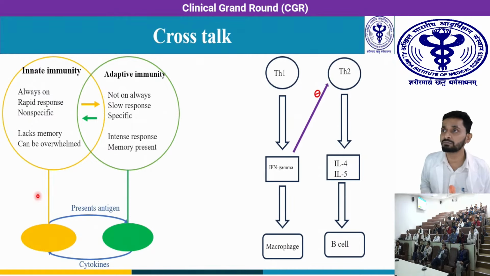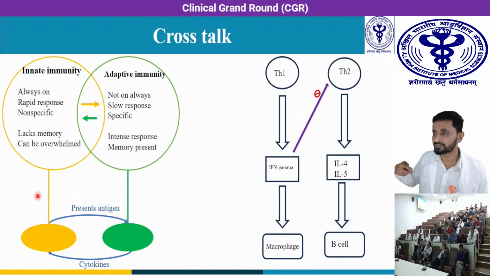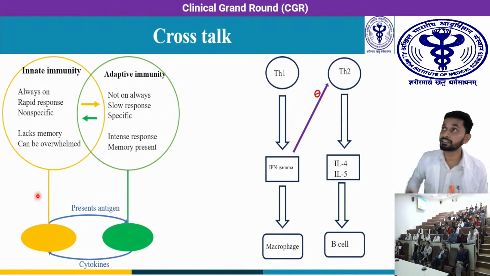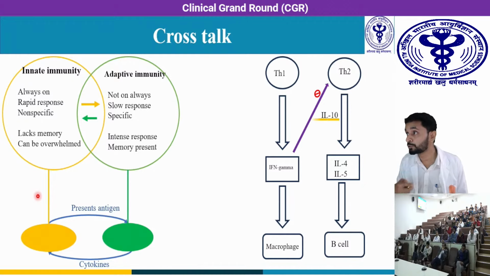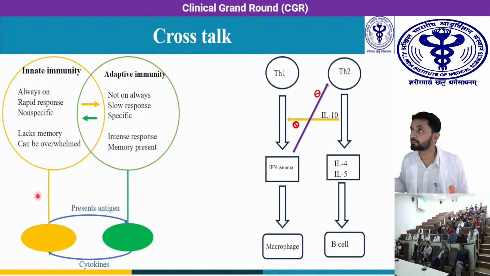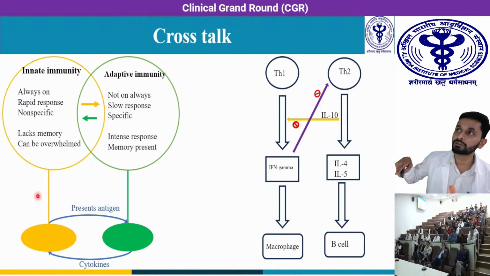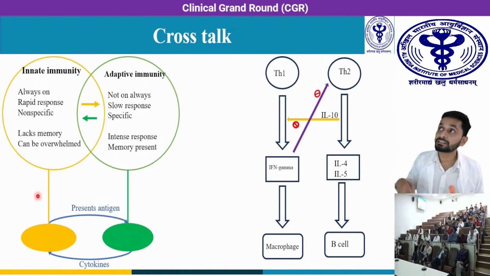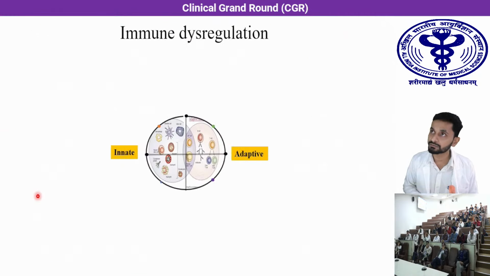When Th1 is stimulated, interferon gamma is stimulated, which leads to macrophage stimulation, but it also indirectly inhibits Th2 proliferation. When Th2 is stimulated, it stimulates B cells through interleukin 4 and 5, but it also inhibits Th1 through interleukin 10. So dysregulation of Th1 and Th2 leads to autoimmunity disorder.